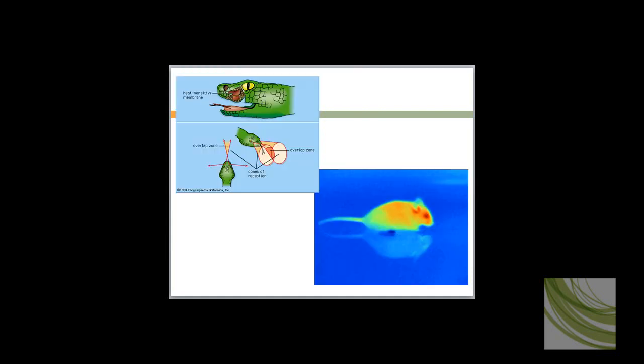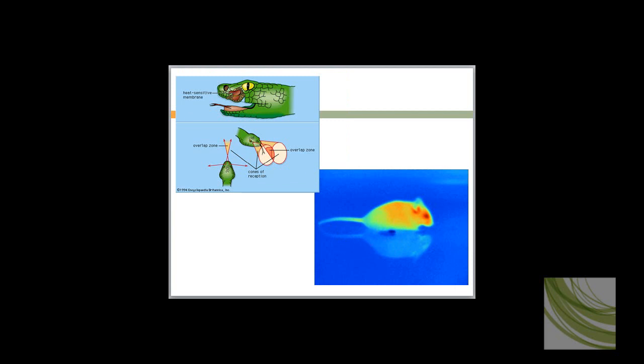Okay? And so what they see at night when they're hunting, looking for rodents or birds or whatever it is they're going to eat, is something like this. There's an infrared image of a mouse, their prey. Okay? And it helps them hunt at night and find the food that they need.